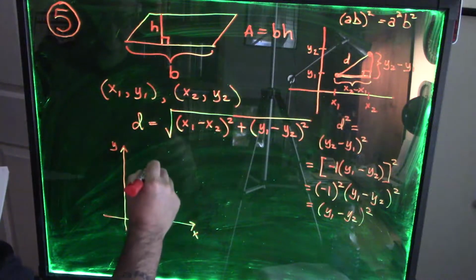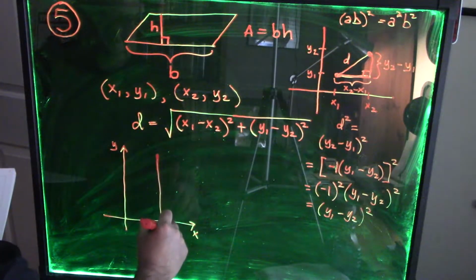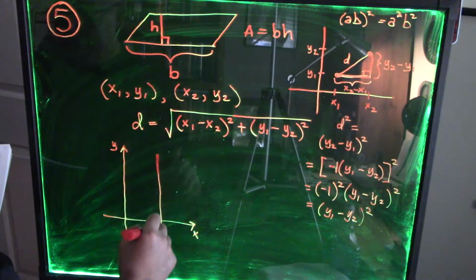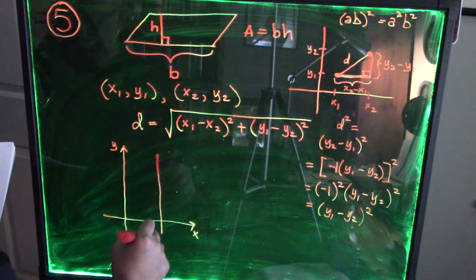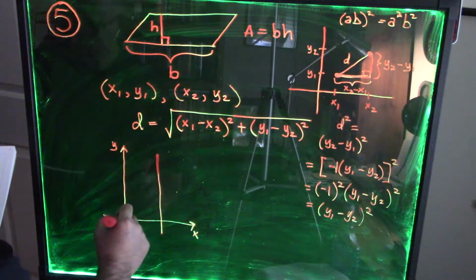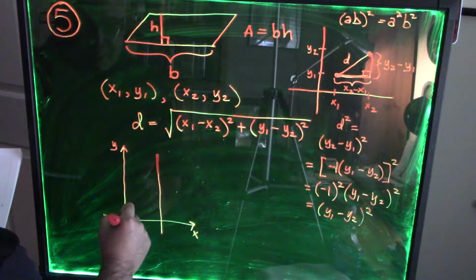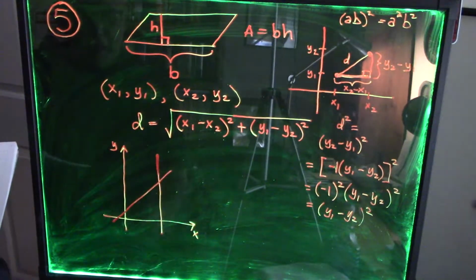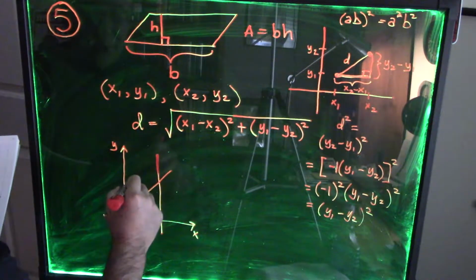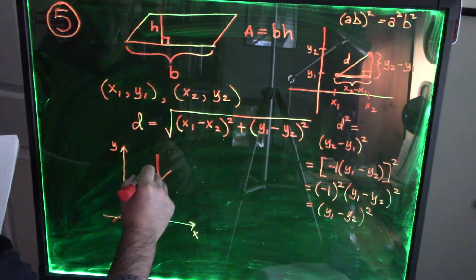Just come up with some ideas. We've got x equals 3. That's a vertical line. And what else do we have? We have y equals 1 plus 2x. That's a line that goes through y equals 1, and it's got a slope of 2. So just make an approximate line like that. And then we've got a parallel line going through the point 2, 7. Let's just say 2, 7 is here.